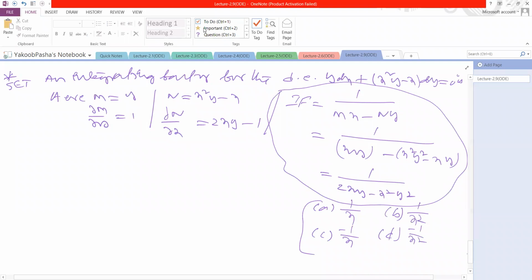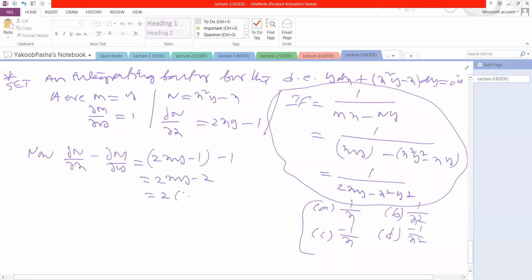So I am taking a difference of these two. 2xy, that is dou n by dou x minus dou m by dou y is equal to 2xy minus 1 minus 1, that is equal to 2xy minus 2.